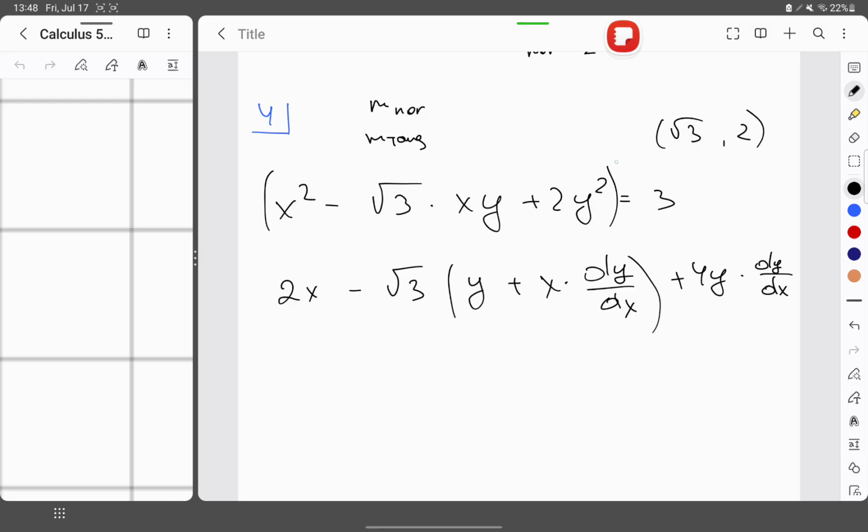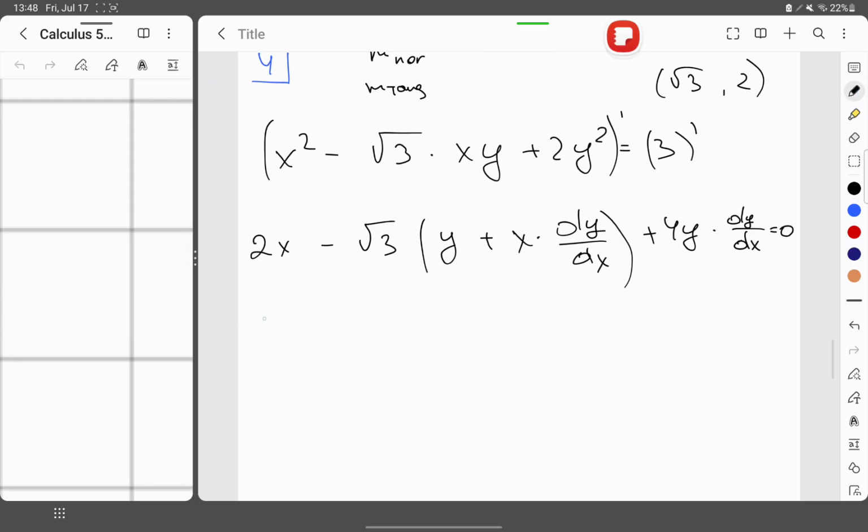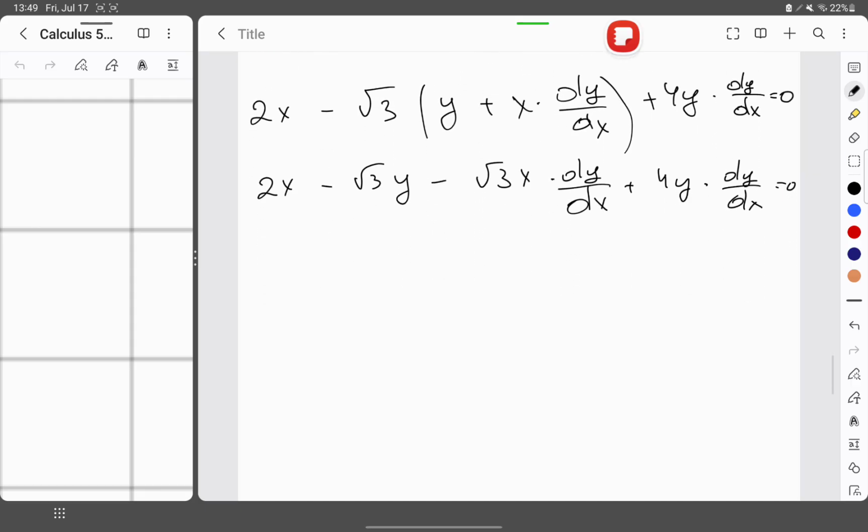We need to find the derivative of both sides. That was my mistake, but I won't do this again. It will be 0, and simplify it.